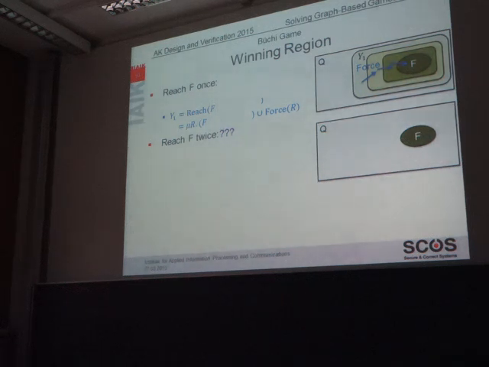We do reachability again, and then we take some state outside of F, so we get out again, and then we do reachability again. That's a perfect solution, actually.